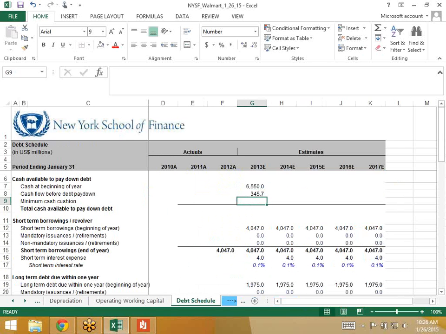Everybody have that? Then we have minimum cash cushion.